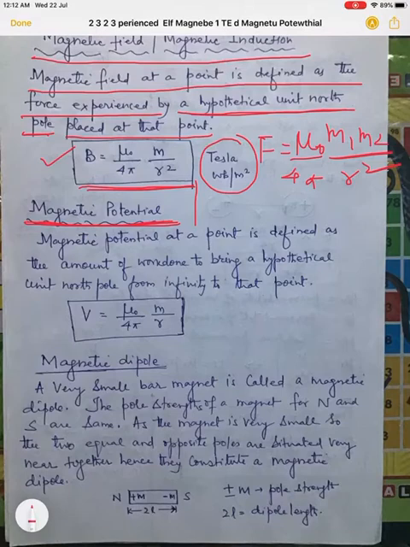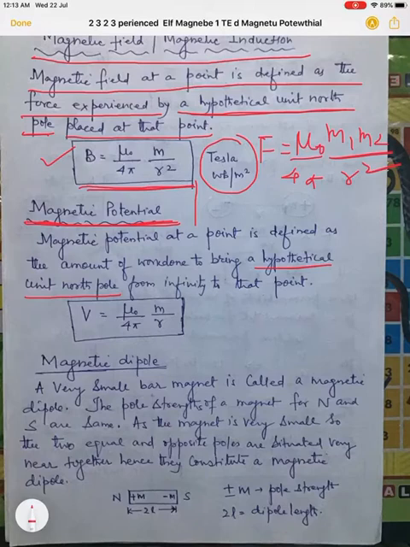So electric potential is defined as the work done to bring a unit positive test charge from infinity to that point. And in the magnetic potential, we have to use that hypothetical unit north pole.